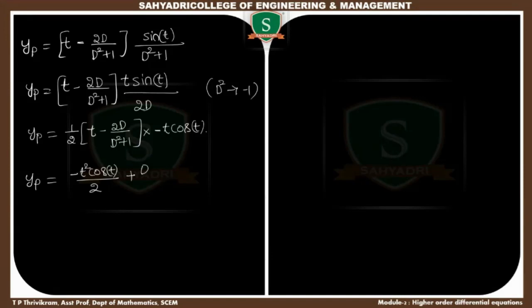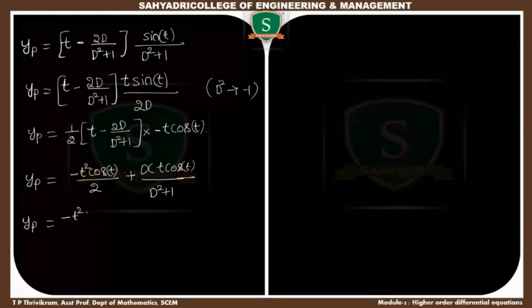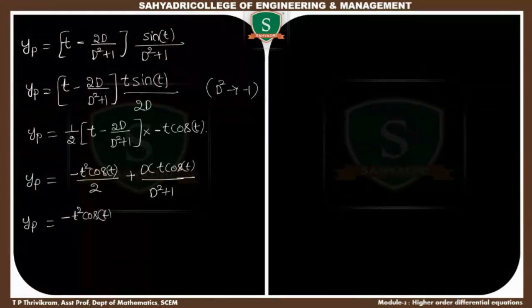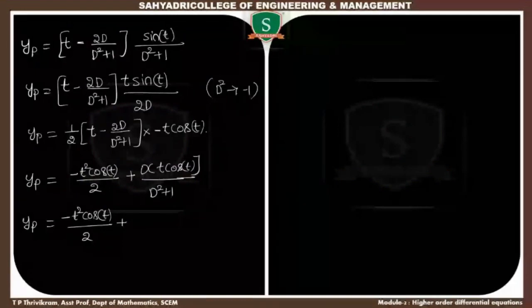Next, minus of minus will get plus, 2 will get cancelled, differentiation of cos. So that means d of cos t divided by, differentiation of t cos t divided by d square plus 1. So yp is equal to minus t square cos t divided by 2 plus differentiation of t cos t. What will that be? Product rule you have to apply.